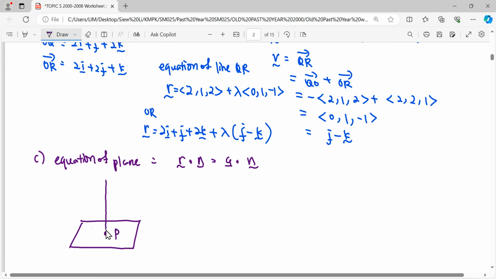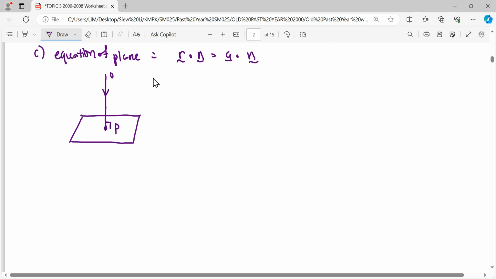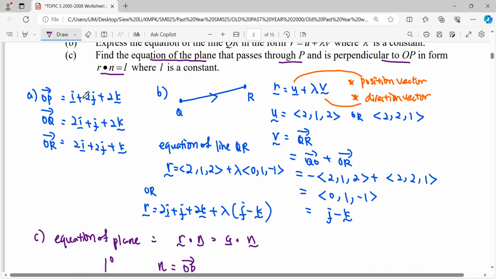So the vector OP, let's say this is O, vector OP. So in the plane equation, what we need is to find our normal. Normal is a vector that is always perpendicular to the plane. So from here we can know that OP is perpendicular to the plane. Therefore, OP will be our normal, which is (1, 2, 2).